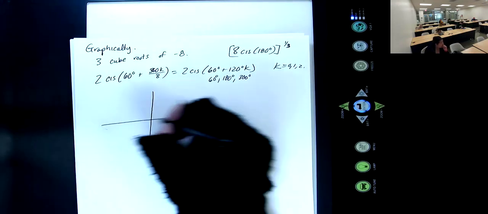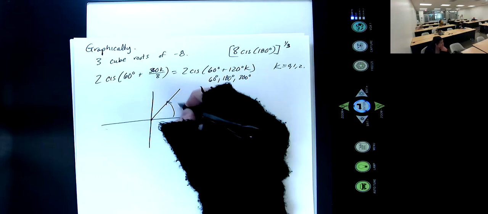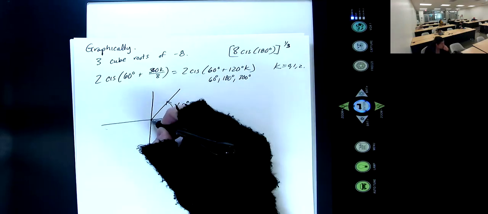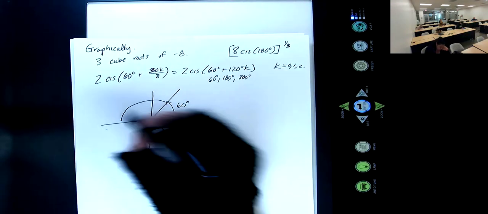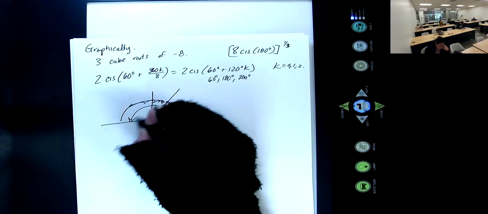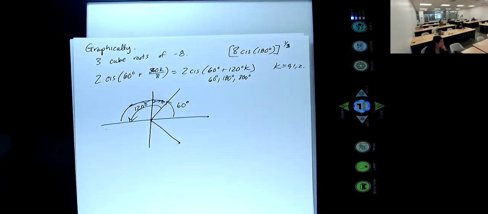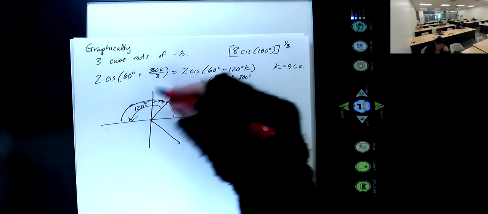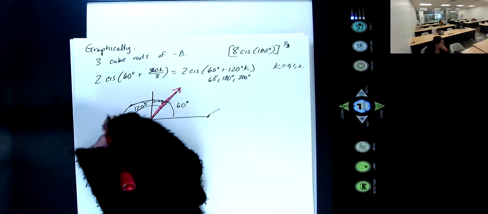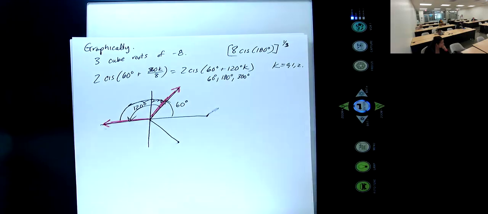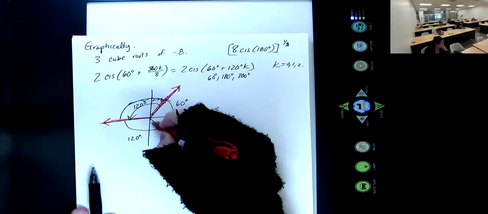Graphically, let's see, 60 degrees is right about there. That's another 120 degrees from there. So maybe I'll do this in a red line. And we go another 120 degrees from there, and a red line.